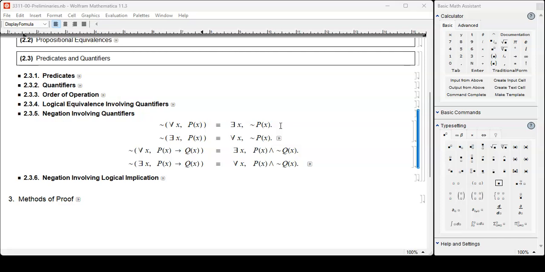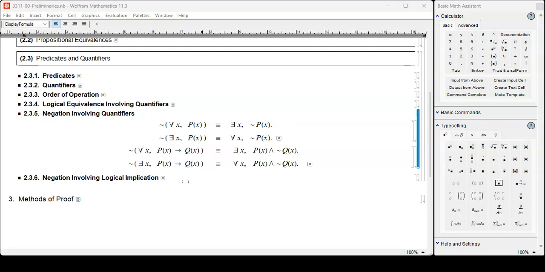Greater than will become less than or equal to, things like that. But not only that, change the quantifiers. All becomes some, some becomes all. And then if you have conditional statement here, then you have to negate that too. This is not P or Q, so negate it using De Morgan's law. P and not Q, P and not Q.